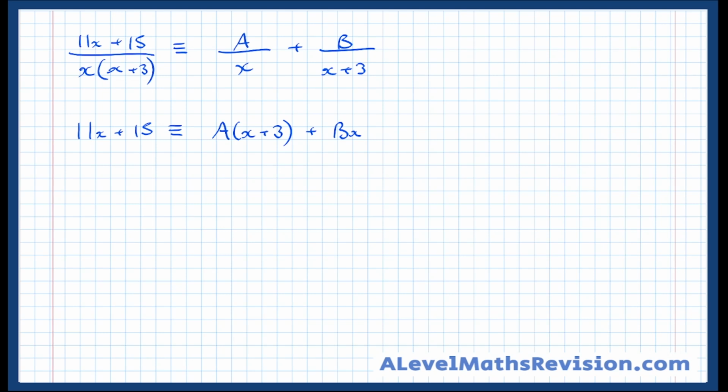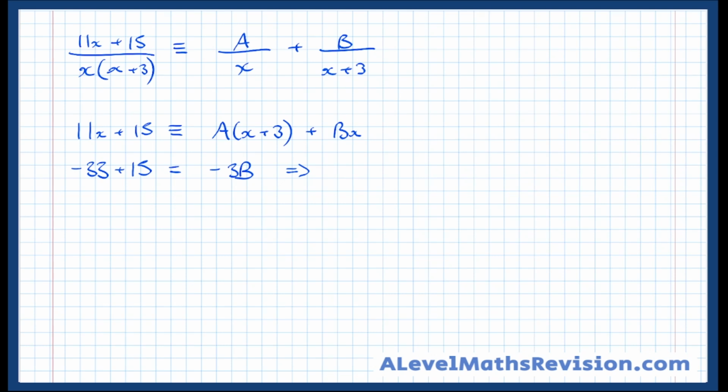So subbing in x equals minus 3, we get minus 33 plus 15 equals, no longer an identity because we're talking about specific numbers, well, this collapses to 0 because minus 3 plus 3 is 0, equals minus 3B.